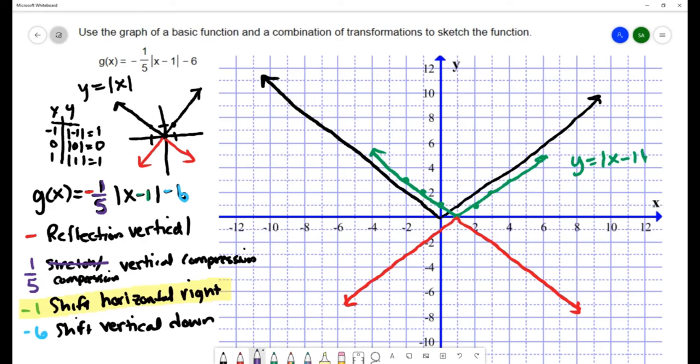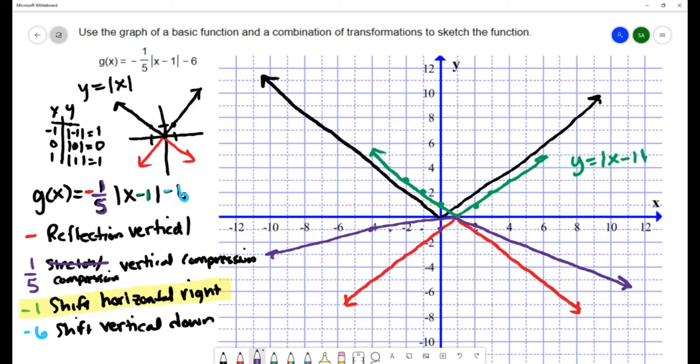Now the vertical compression means that, think about, since it's vertical, holding on the top and the bottom, you're going to flatten it out. You're compressing the graph together and it will flatten out. So instead of this going from 1 to 1 unit away, it's going to go by 1/5. So it will flatten out like this.